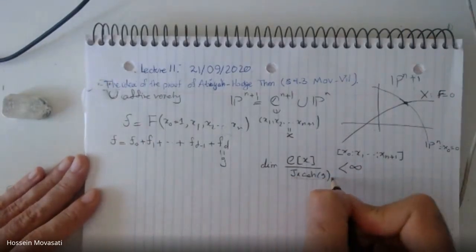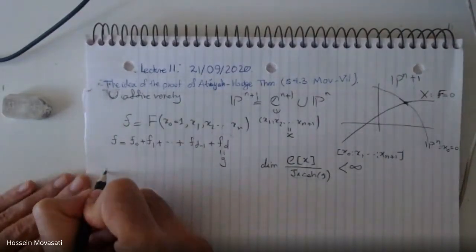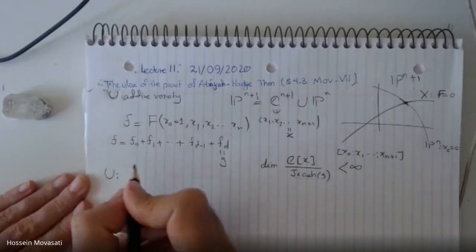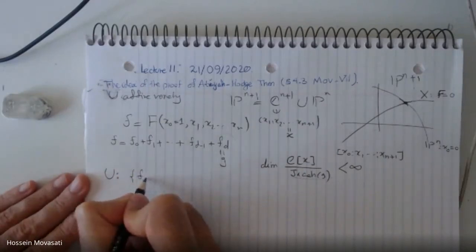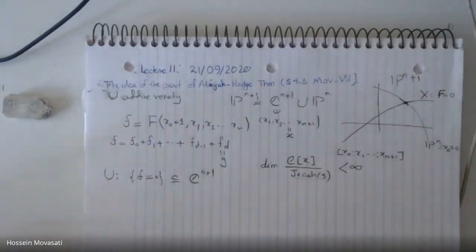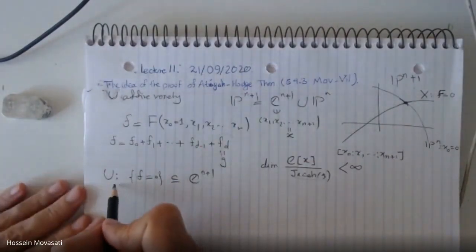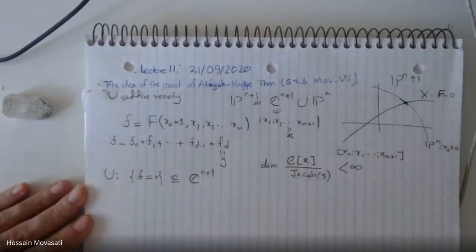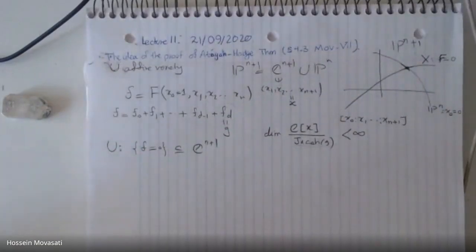The Jacobian ideal is just given by the partial derivatives of f_d. My main affine variety is given by f equal to 0 inside C^{n+1}. And after the proof of the Atiyah-Hodge theorem, I will mention a more refined version using Brieskorn modules. So let's go on.